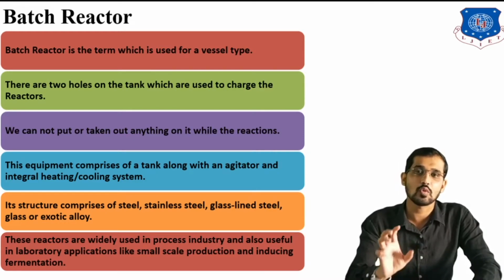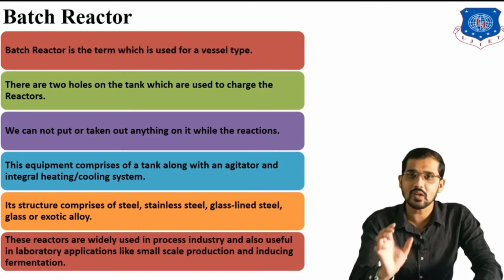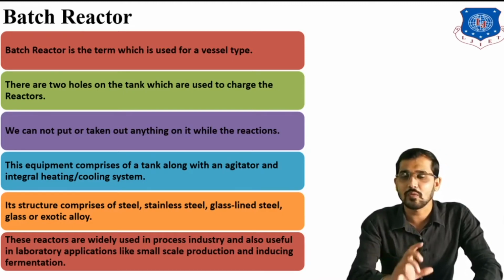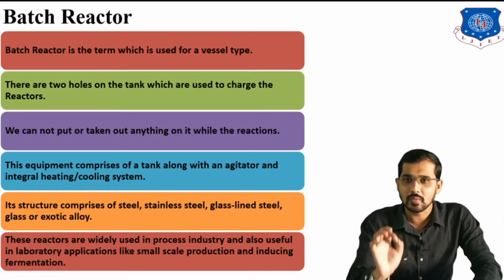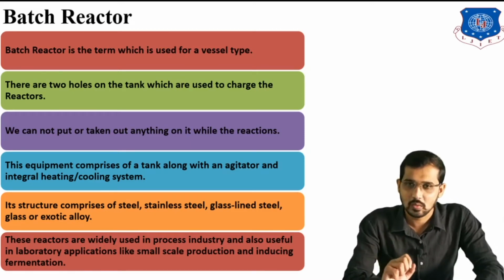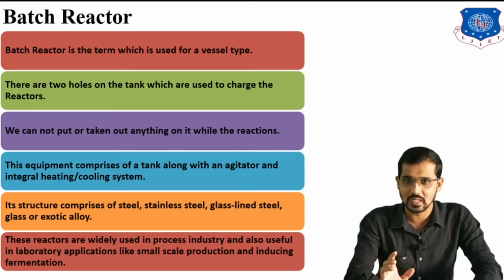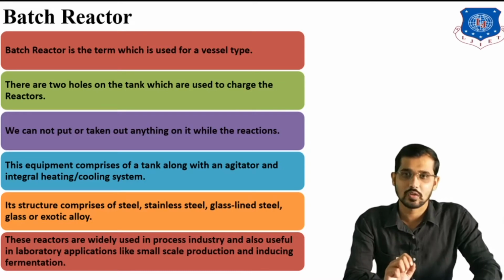This is nothing but MOC. MOC stands for material of construction. It means different kinds of equipment can consist of different materials, and different materials can have different MOC. So in this batch reactor, we are going to use steel, stainless steel, glass lined steel, glass and exotic alloys.